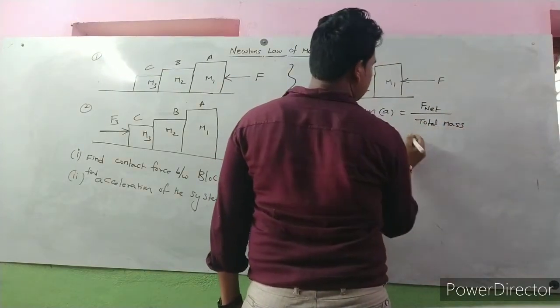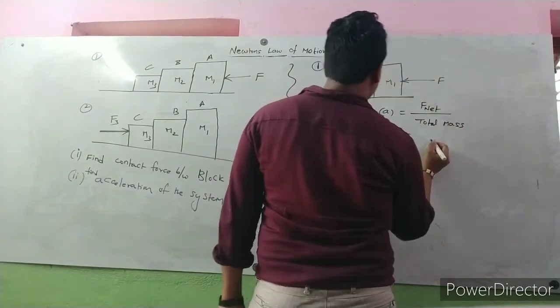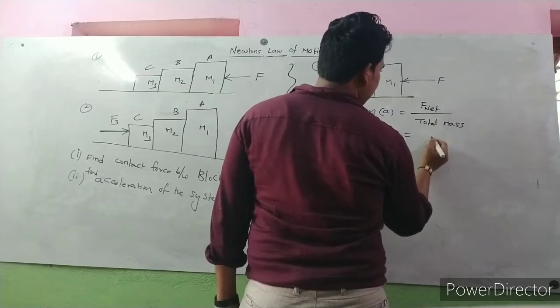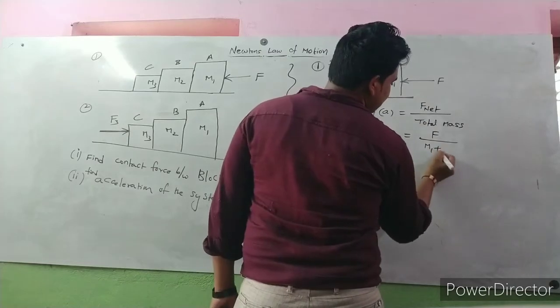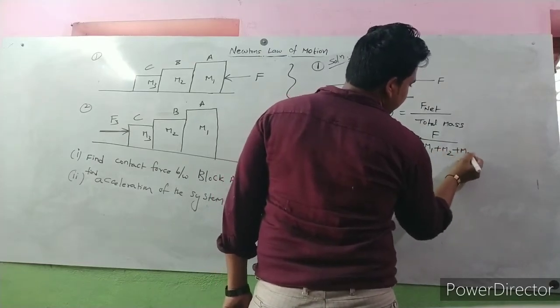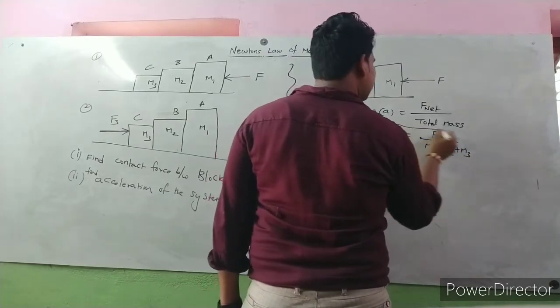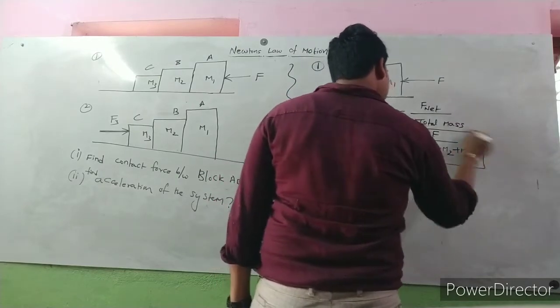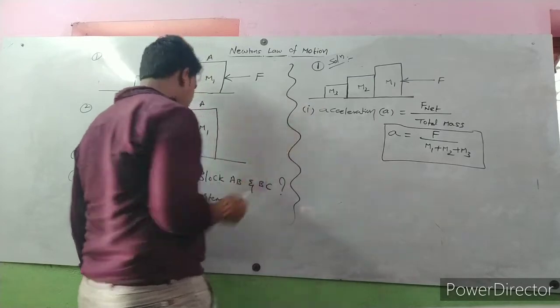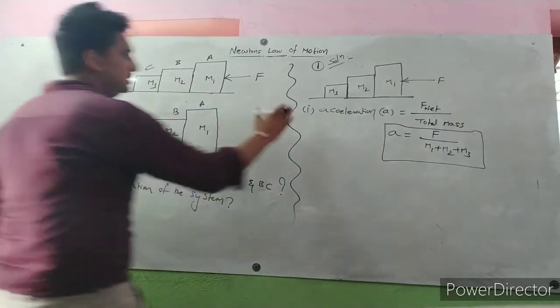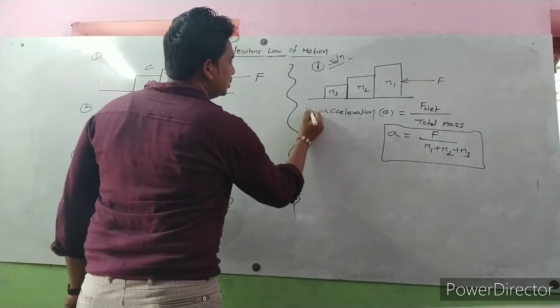F net means F. Total mass means M1 plus M2 plus M3. This is the acceleration formula. So already we solved the second question.